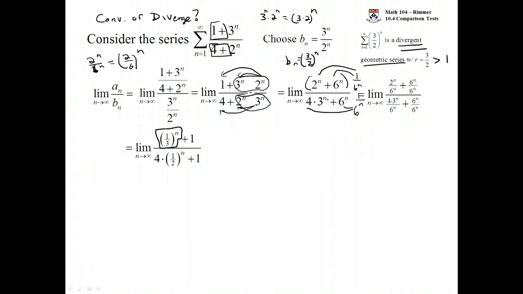Similarly, we're going to have 3 to the n over 6 to the n, and so we're going to end up with (1/2) to the n. And 3 to the n over 6 to the n is (3/6) to the n, which is half to the n. Just sort of fixing these up algebraically. The algebra is intense in this problem.